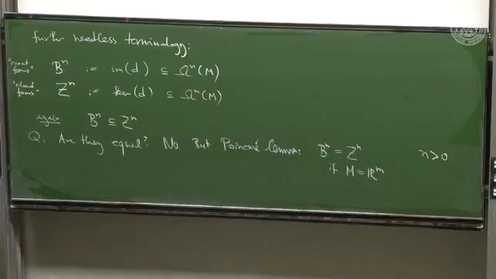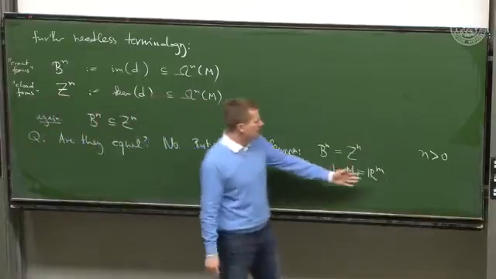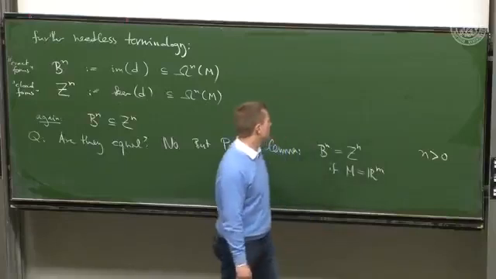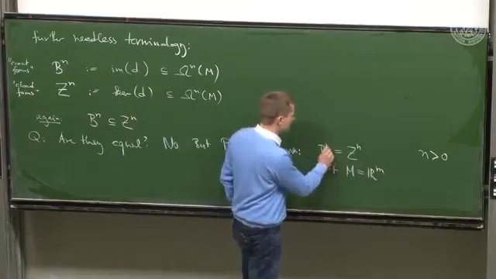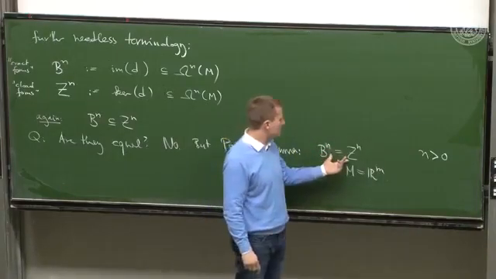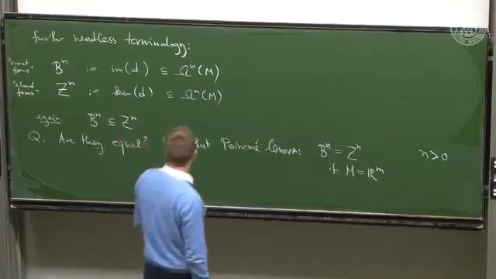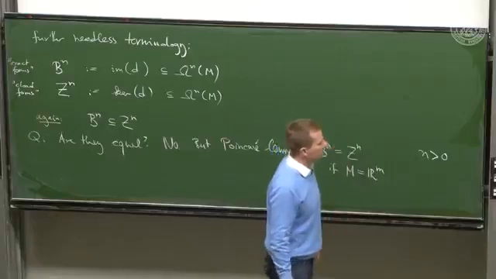So equality holds on Rm. So on some Rm, apart from the case n equals 0, all the closed forms are exact, and all the exact forms are closed.